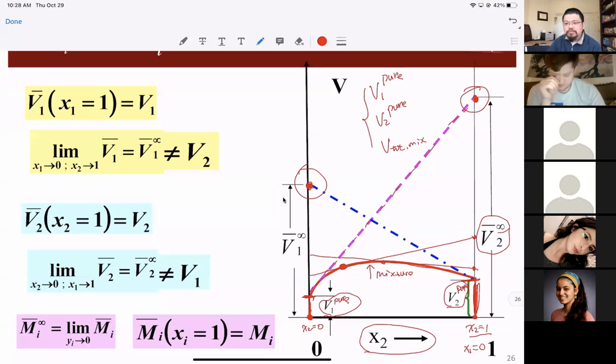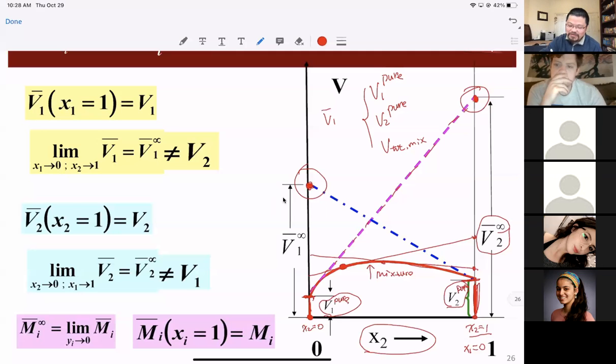Okay, so V2 infinity is fake stuff? It's not a fake stuff. It's a mathematically or thermodynamically relevant stuff.